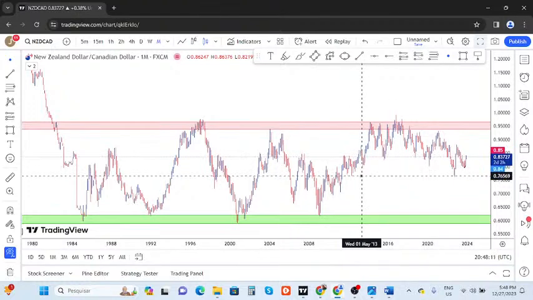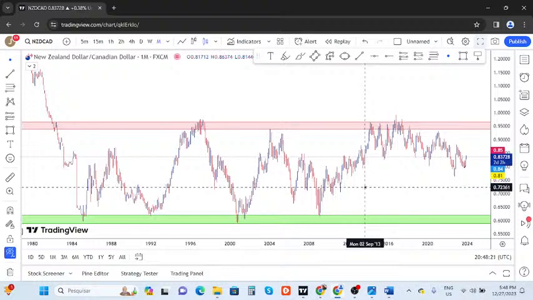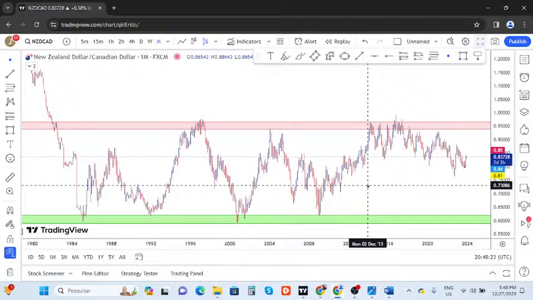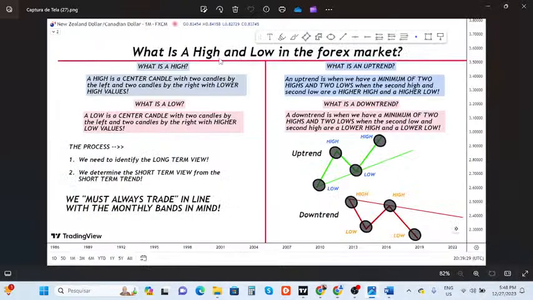So today we are going to be learning about highs and lows and how to confirm a trend that is a confirmed high and a trend that is a confirmed low. First of all, what is a high and low in the forex market? What is a high?